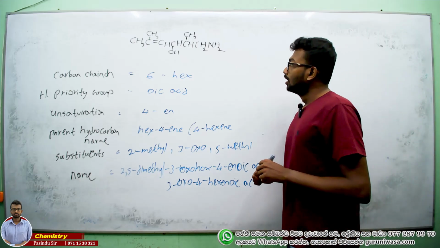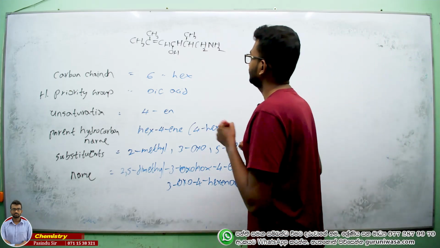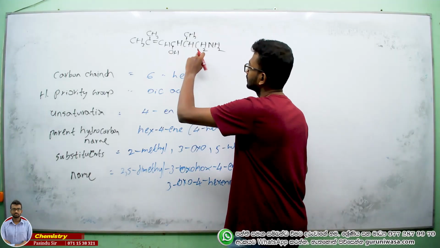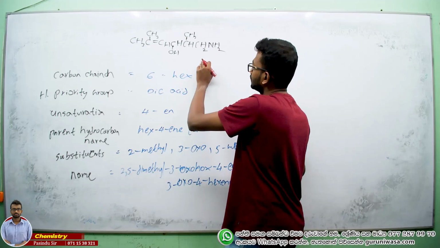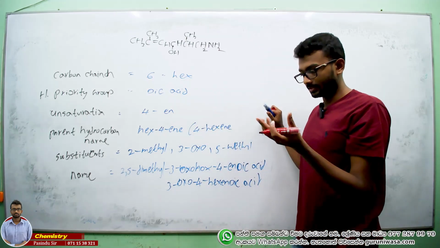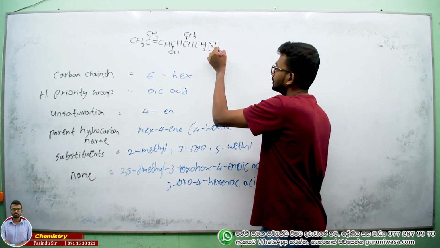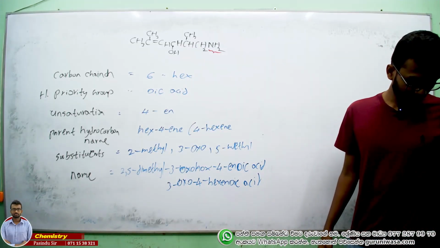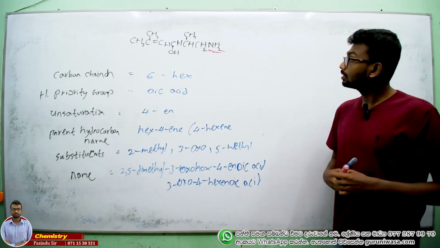Right. So here, what is the main carbon chain? We have to take this straight chain. So here, what is the higher priority group? It's the NH2 group, right? Wait.